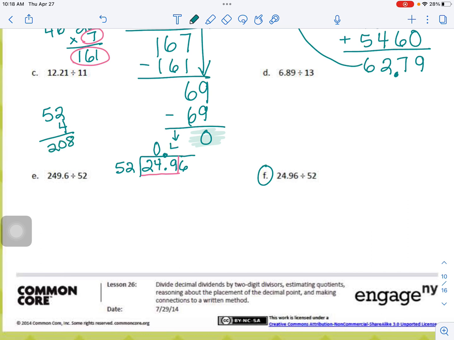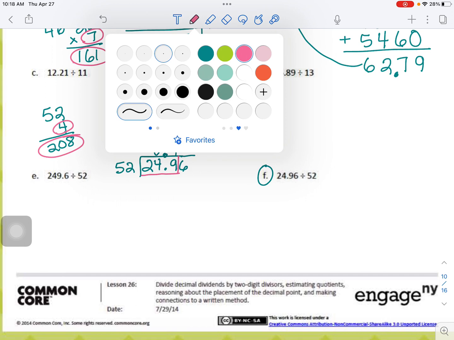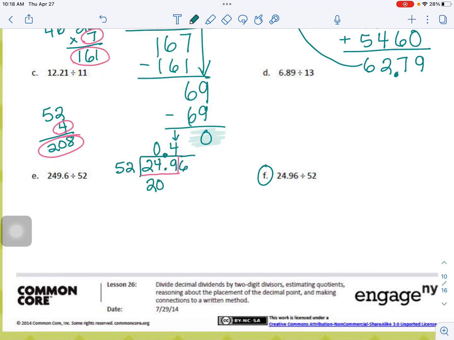Okay, so I'm going to put the 4 there. And the 208 goes below. And I've got a remainder of 41. Is 41 less than 52? Yes, it is. So bring down your 6.